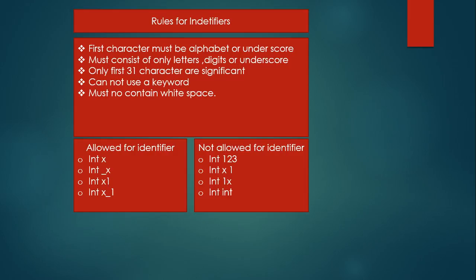You can't use digits or any special character or special symbol in the identifier. It must consist of only letters, digits or underscore. You simply use letters, digits or underscore.